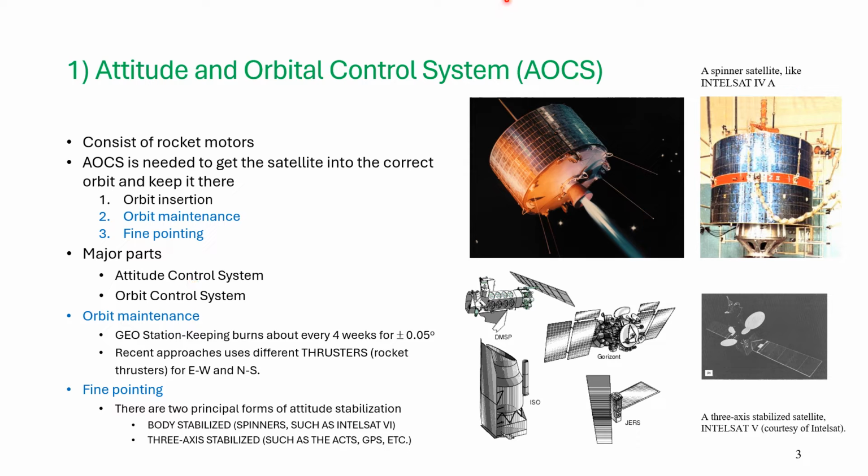So the attitude and orbital control system consists of rocket motors and is needed to get the satellite in the correct orbit. As the name says, it controls the attitude and the orbit. So it is needed to get the satellite into the correct orbit and keep it there, so we call it orbit control.